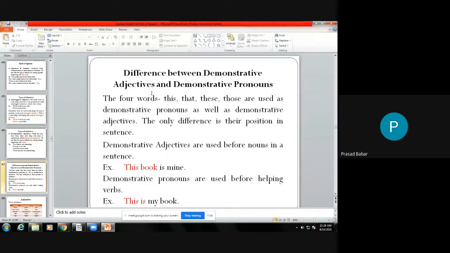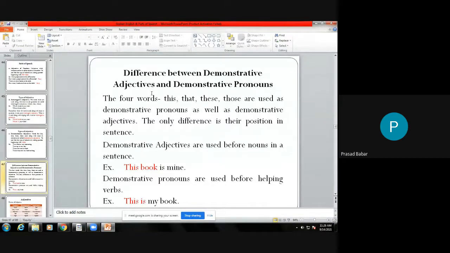Okay, so see the difference between demonstrative adjective and demonstrative pronoun. The four words this, that, these, those are used as demonstrative pronouns as well as demonstrative adjectives. So both are the uses of these words.